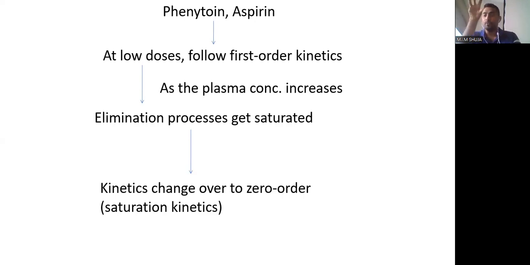But once all the enzymes are saturated, even though you increase the concentration of drug, the elimination will not increase further. From that moment, the elimination rate plateaus. It increases up to the enzyme saturation, then plateaus.